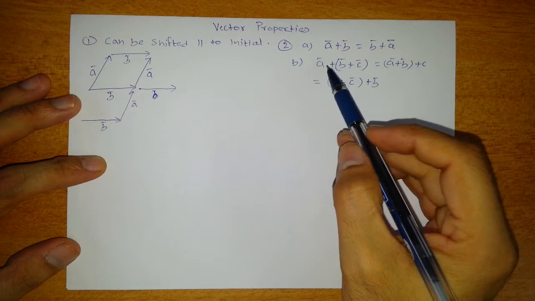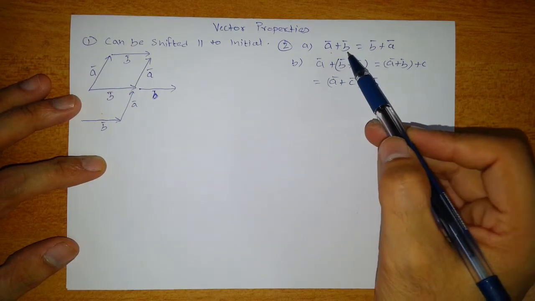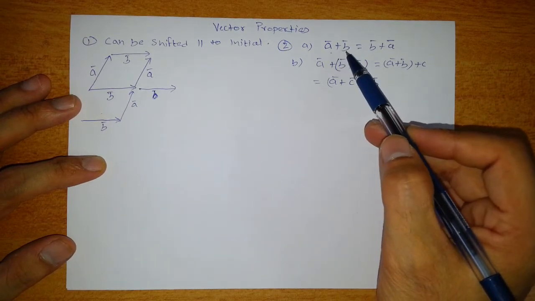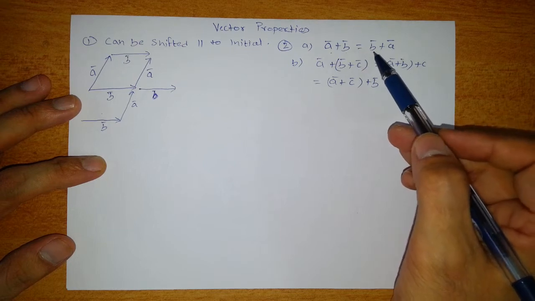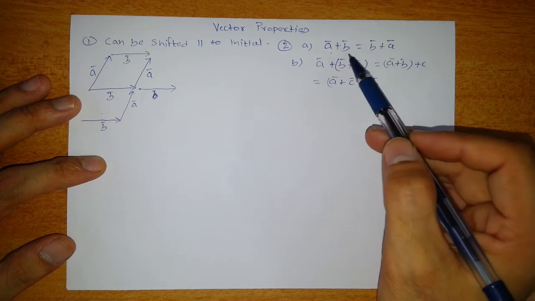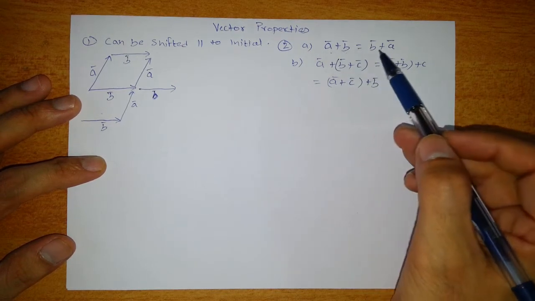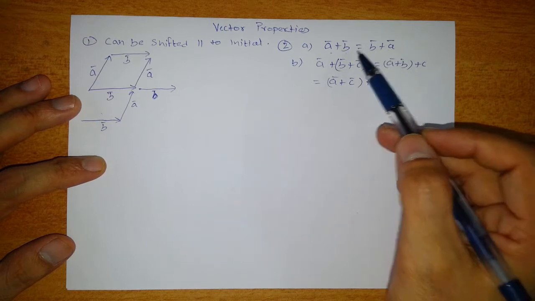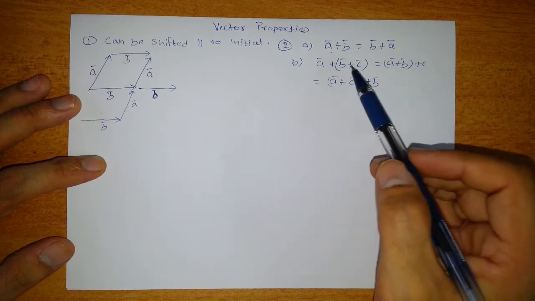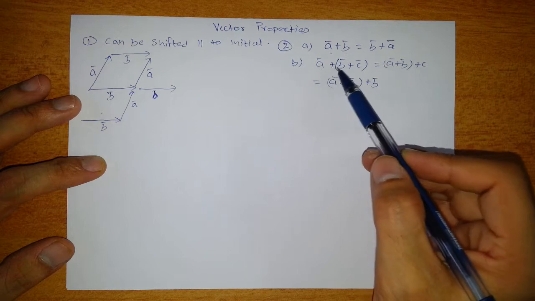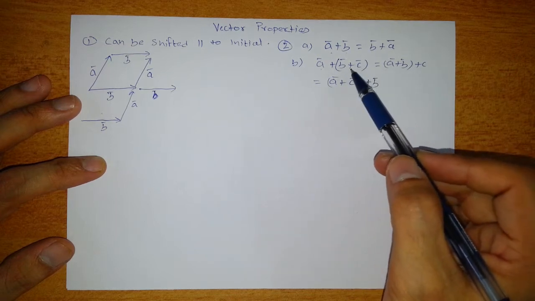The next property of vectors is when we add two vectors, vector A plus vector B is the same as vector B plus A. So if we interchange their position, the resultant will be the same, or their addition will give you the same value. In the next, A plus (B plus C) whole bracket.